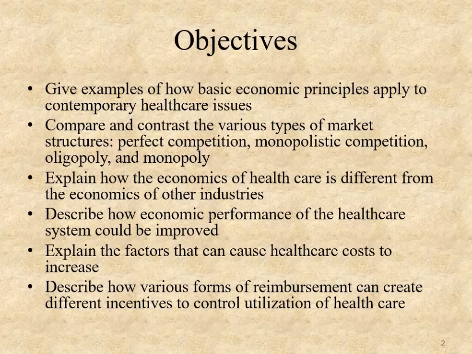I'd also like you to take a look at Table 15.2, which lists incentives under various forms of hospital reimbursement. And finally, Figure 15.1, which discusses the relationship between health and medical care.